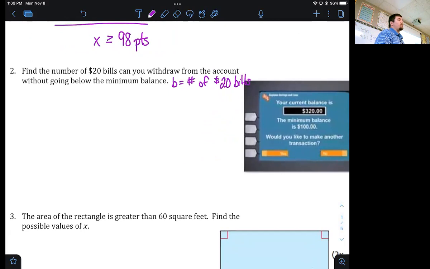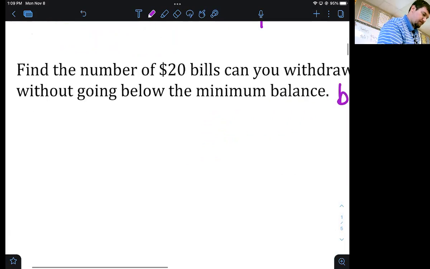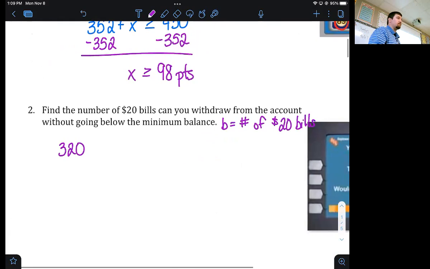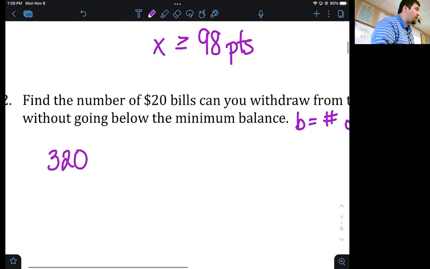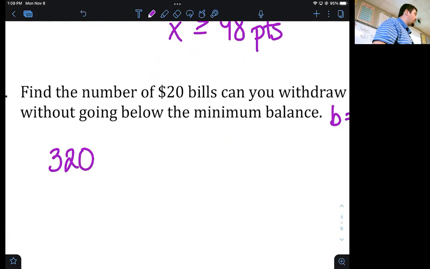So for this one, let's start with our account balance. We currently have $320. What happens to our account balance as we start pulling money out? Lucy? It goes down. And for every bill that comes out, Lucy, these are what kind of bills?